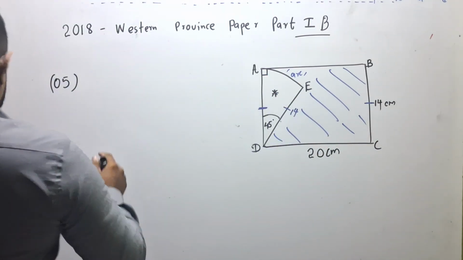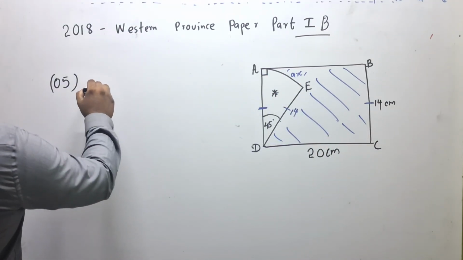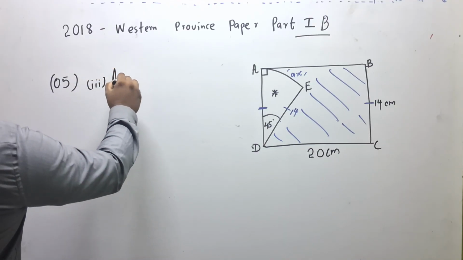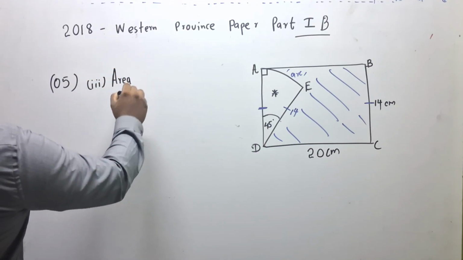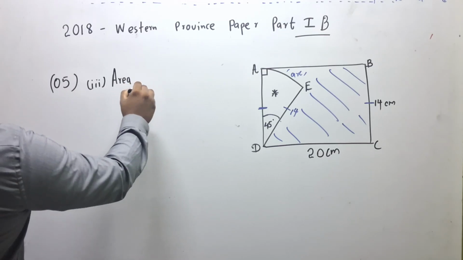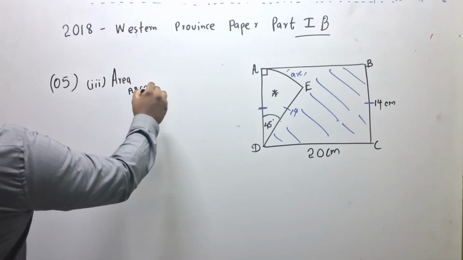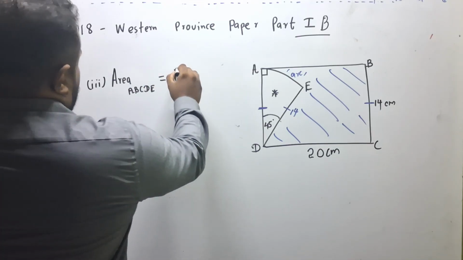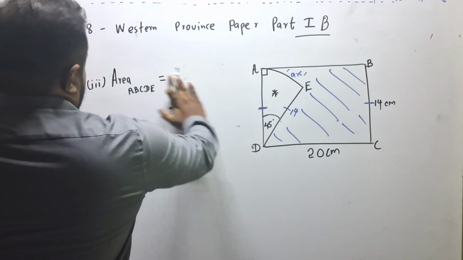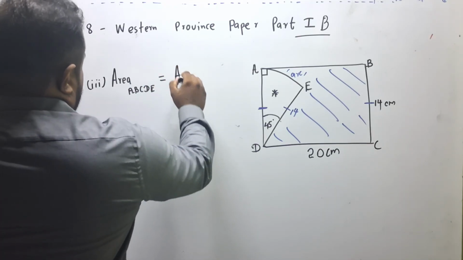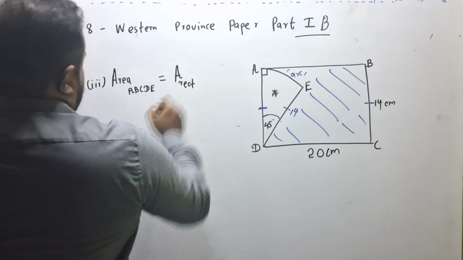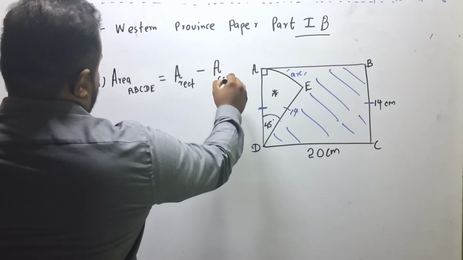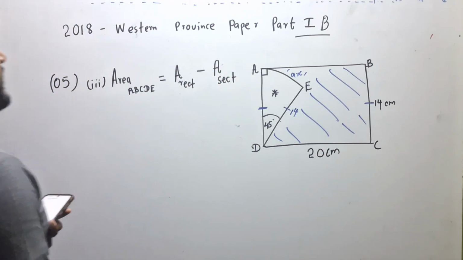So first I write a word equation. Area of ABCDE equals rectangle area minus sector area.